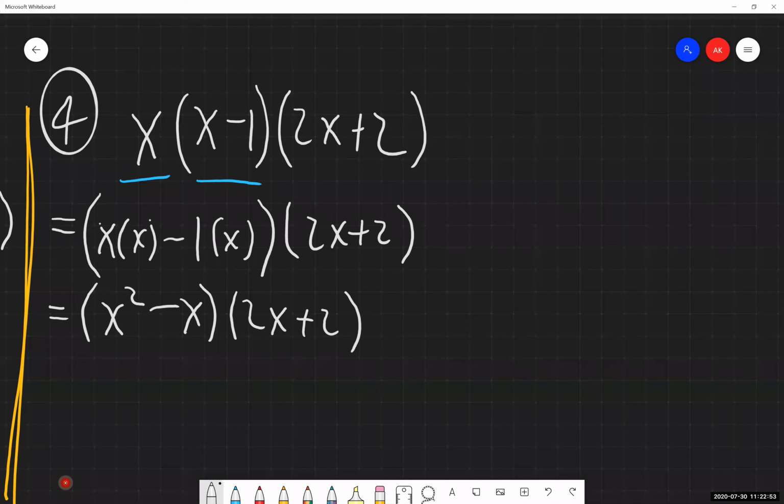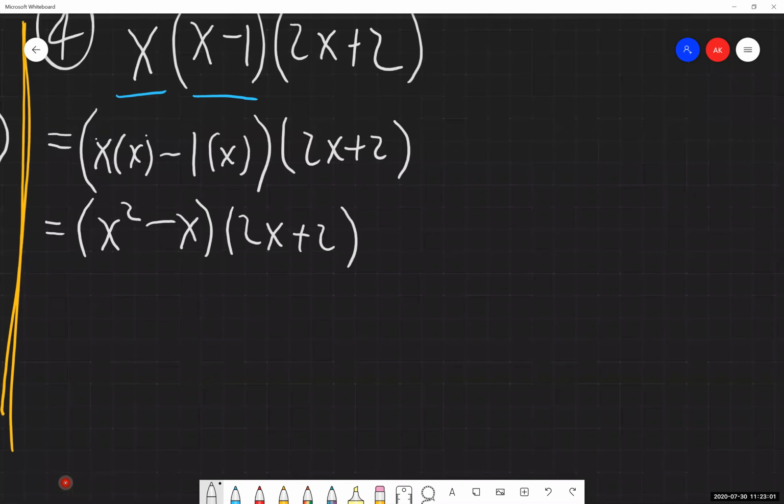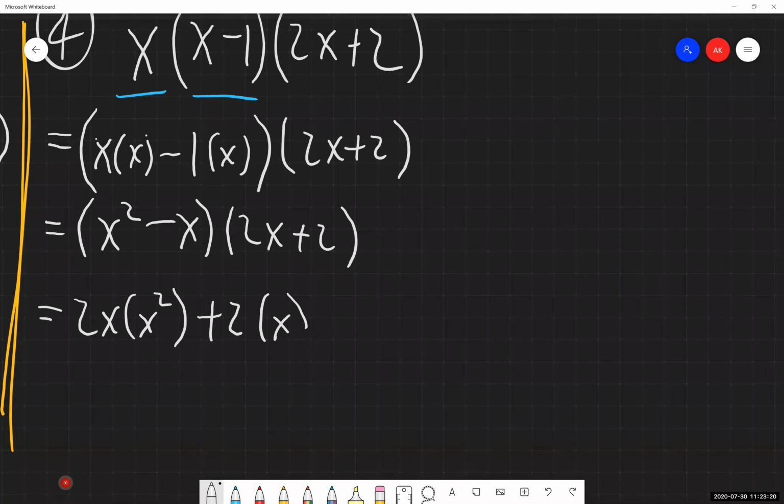And now, I only have 2 polynomials multiplying together, and now those are the only 2 that I'm going to multiply. So the first term from the first polynomial distributes through to every term from the second polynomial. So 2x times x squared plus 2 times x squared.